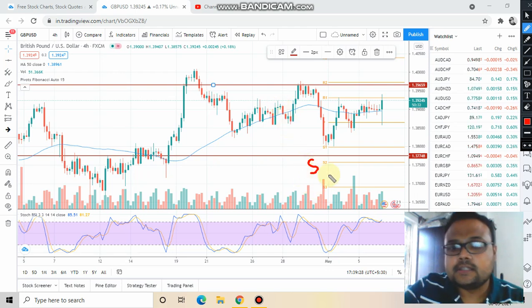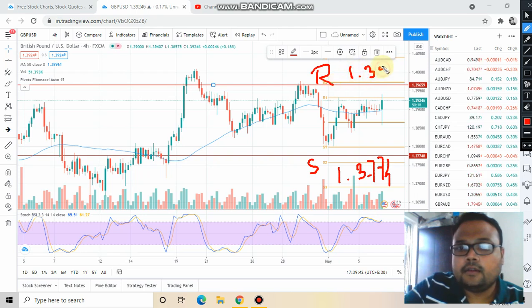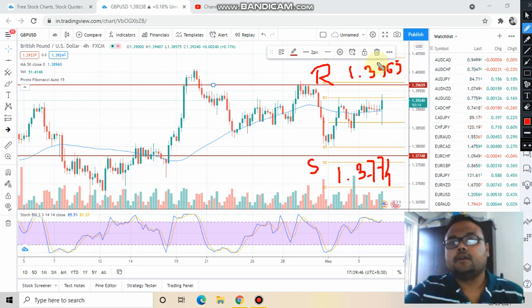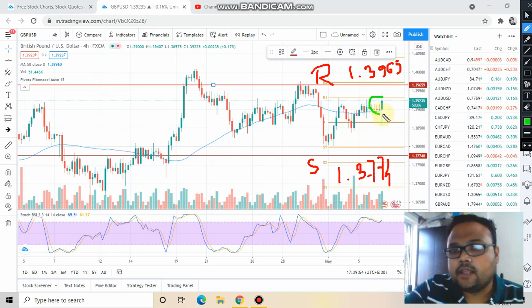This is the support, 1.3774, and here this is the resistance, 1.3965. So we have got two levels on the market as of now, but right now you can see that market is trading in between. Market is trading here.